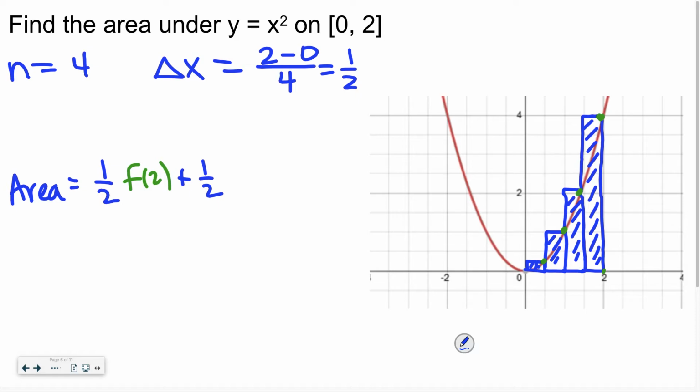Here, this rectangle has a width of 1/2, but then its height comes from this y value at 3/2.